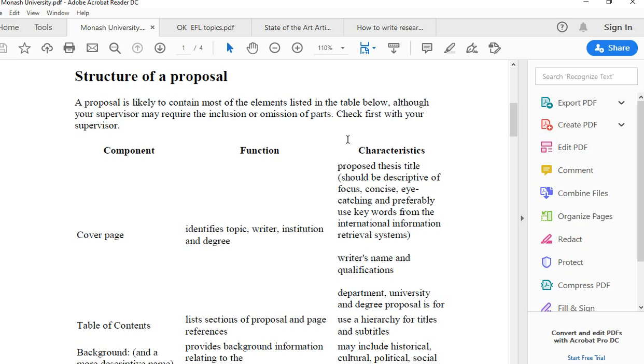It depends on the institution or university where you're studying or working. Check first with your supervisor. All right, let's look at the component, function, and characteristics.